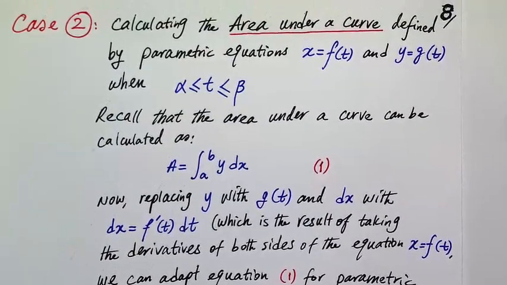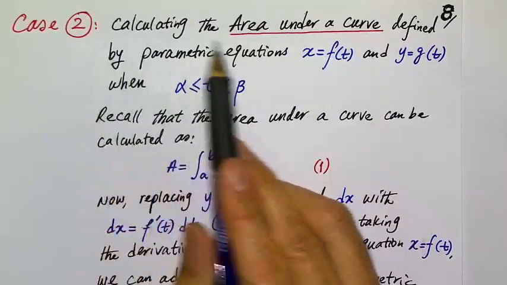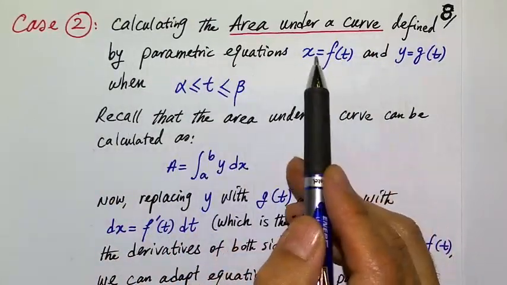Case 2 is when we're interested in finding the area under a curve for which we have the information in terms of parametric equations, right? So calculating the area, this being case 2, under a curve defined by parametric equations such as this.